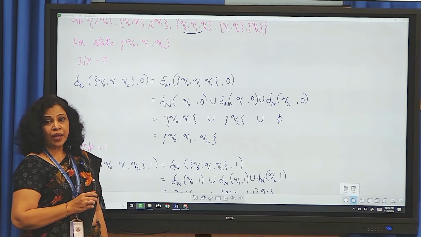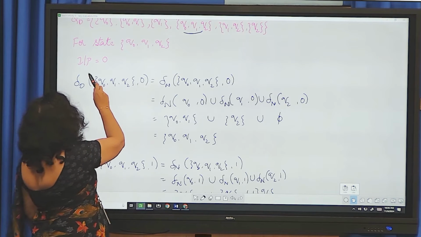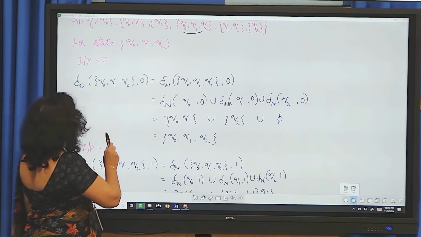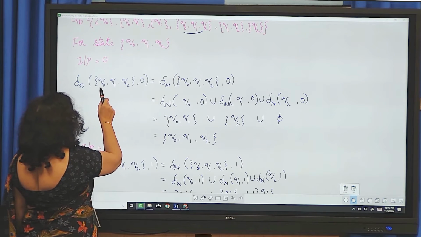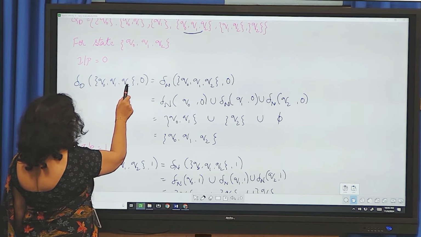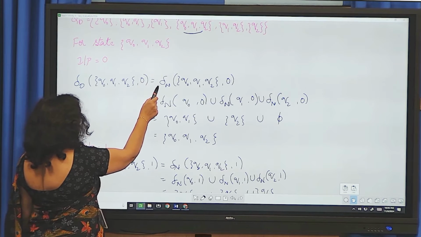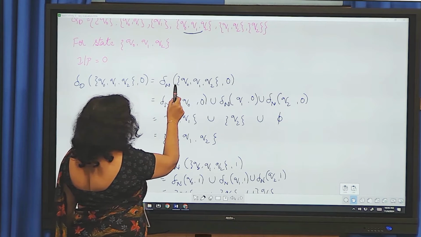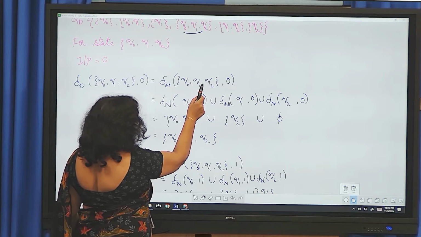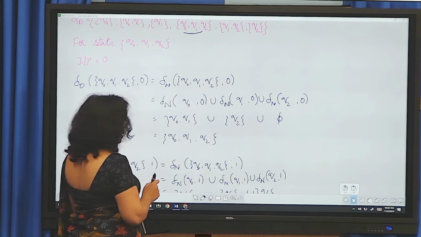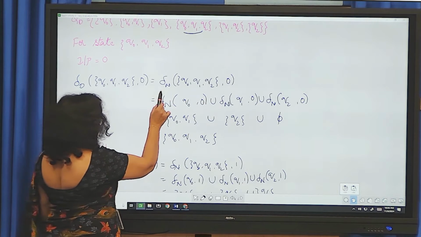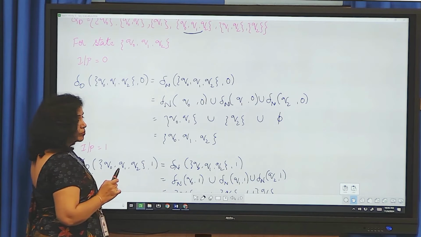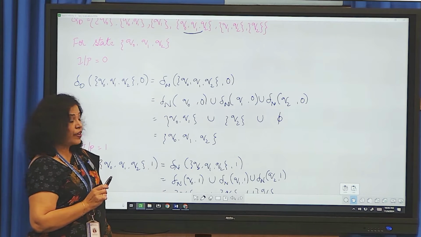Let's first apply input 0. So, input equal to 0. Delta D of Q0 comma Q1 comma Q2 on 0 is same as delta N of Q0 comma Q1 comma Q2 on 0. So, we are going to split this transition function.